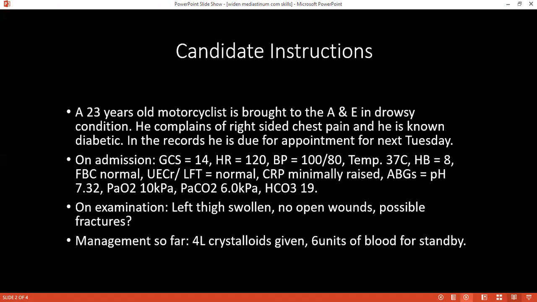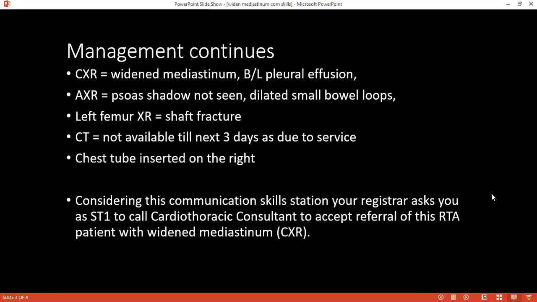Yes. Next. Okay. Right. So if you have read and understood, considering it communication skills station, kindly please begin.